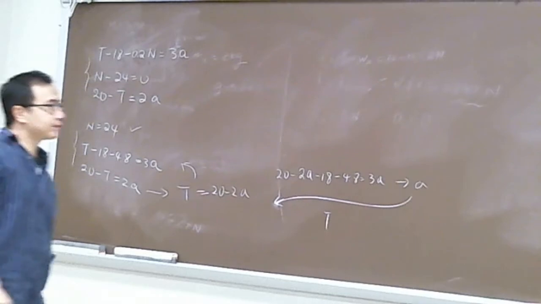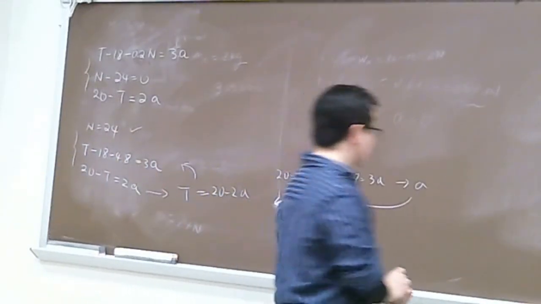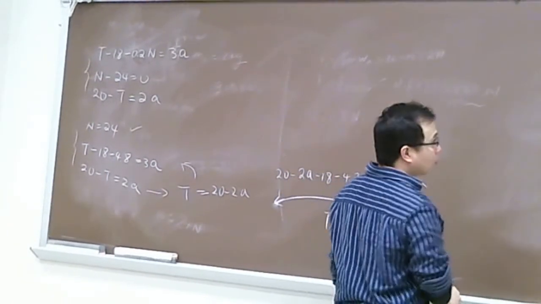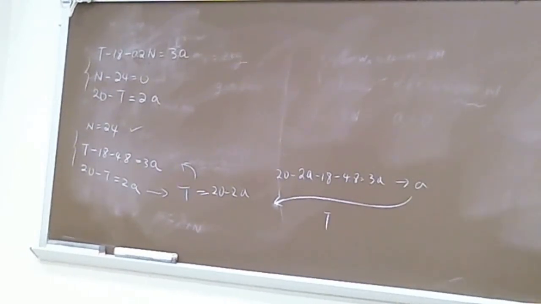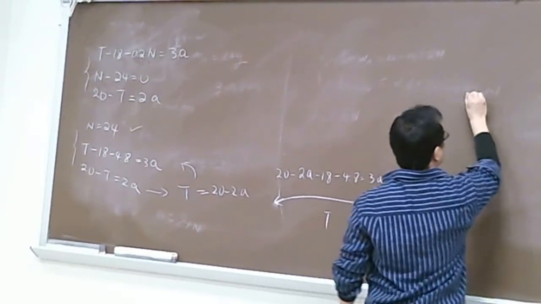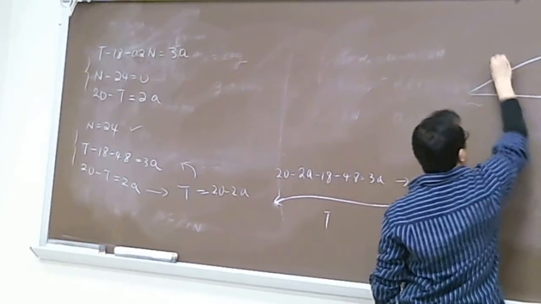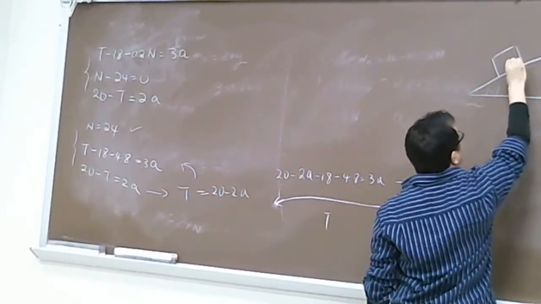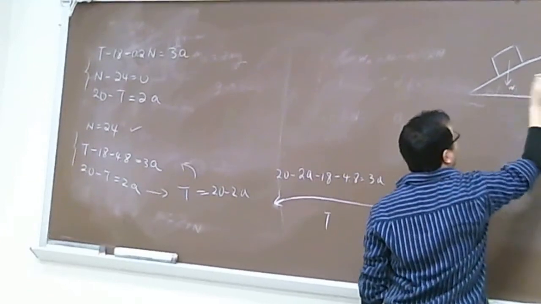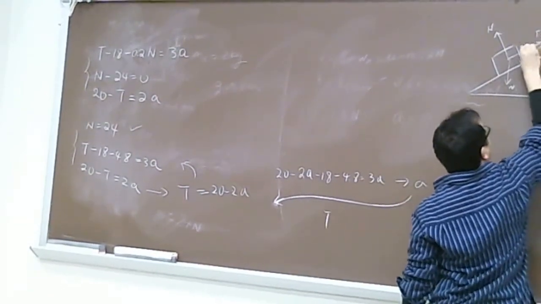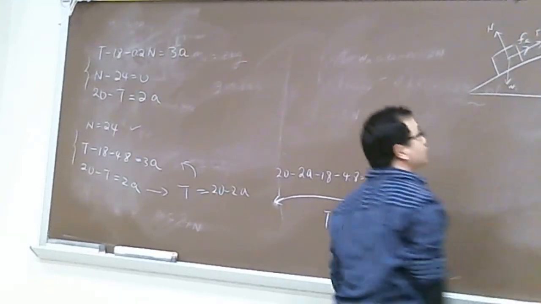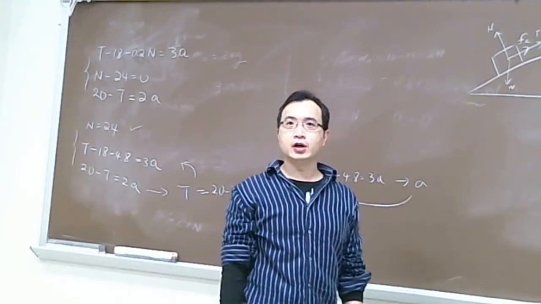So now, for another situation, when you have the system moving downwards, you get something like this. W1 and T, and Fk is in this direction now, right?